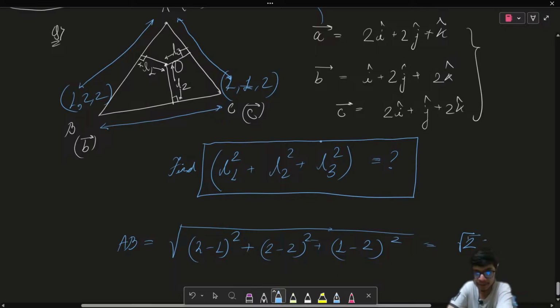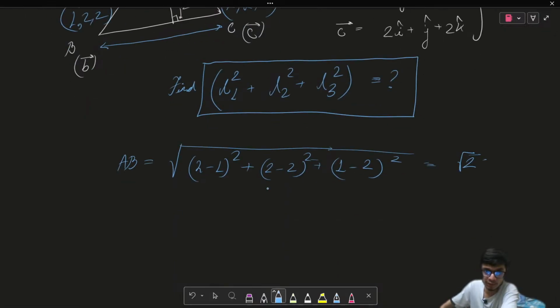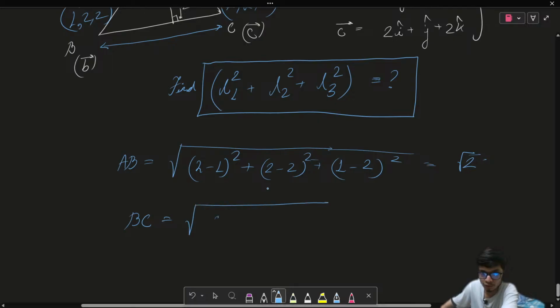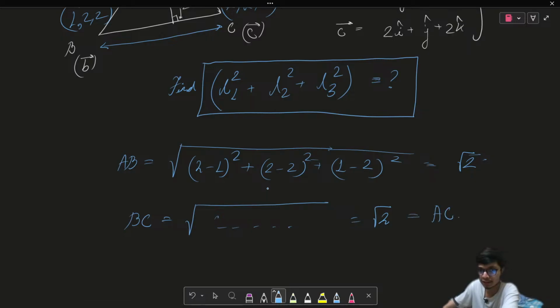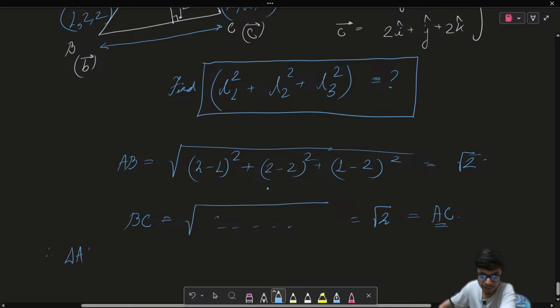Interestingly, if you also find BC, it will also come out as root 2. And similarly, this is also equal to the length of line segment AC. So what you observe is that triangle ABC is an equilateral triangle. That's why I was saying that this is a very simple problem.